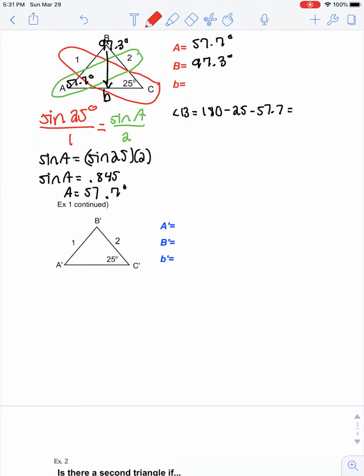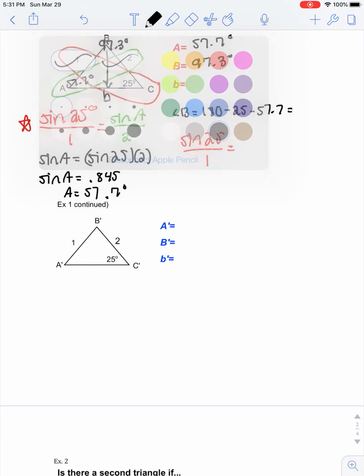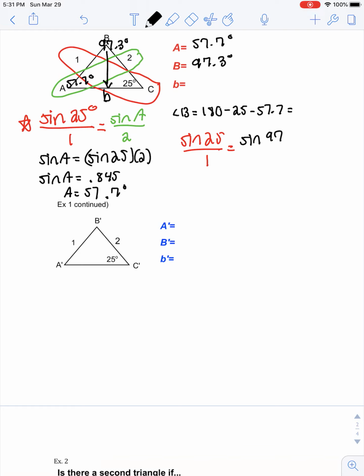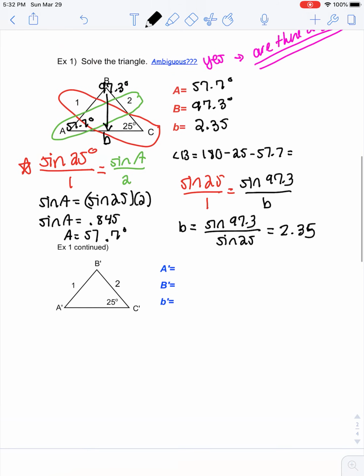Once I know angle B, I can use angle B to help me find the side across from it, side B. Again, I would encourage you to go back to the original ratio that you were given, sine of 25 over 1 equals, and now we can write my new ratio, sine of 97.3 over side B. To solve for side B, I'm going to be doing the sine of 97.3 divided by the sine of 25, which means side B is about 2.35 when rounded.